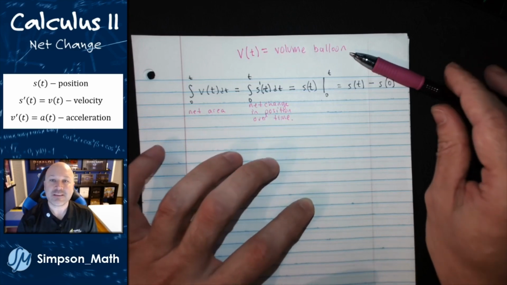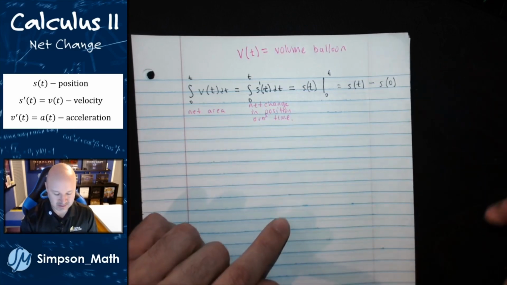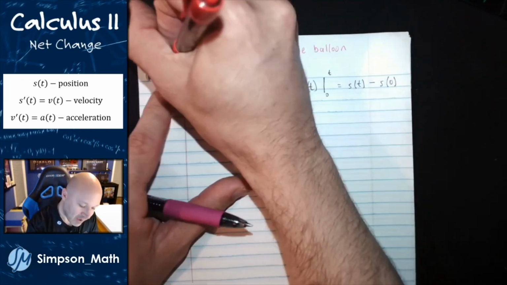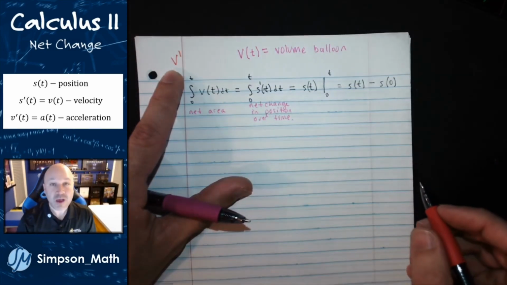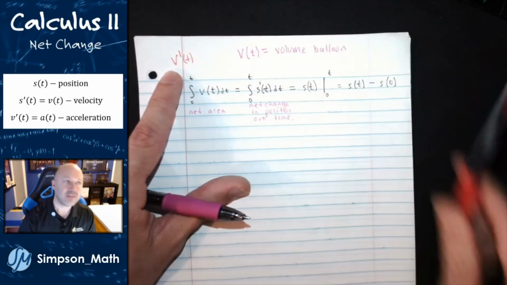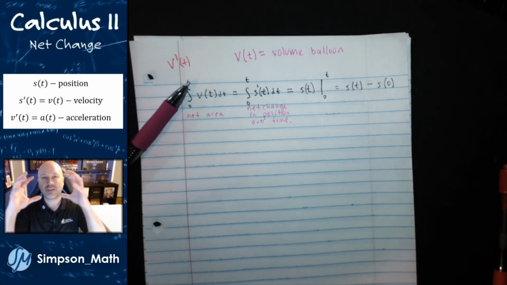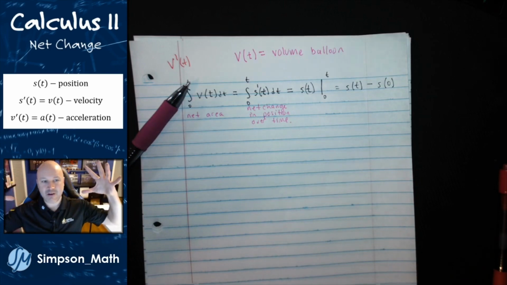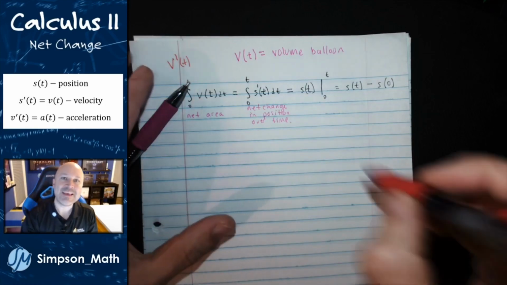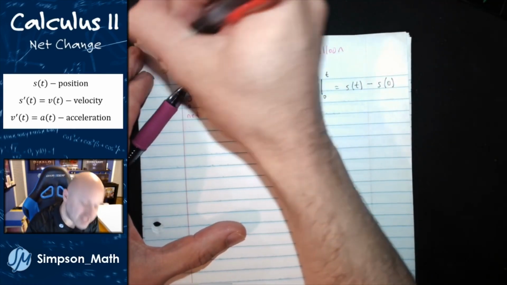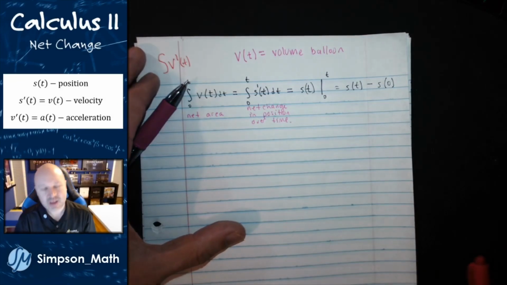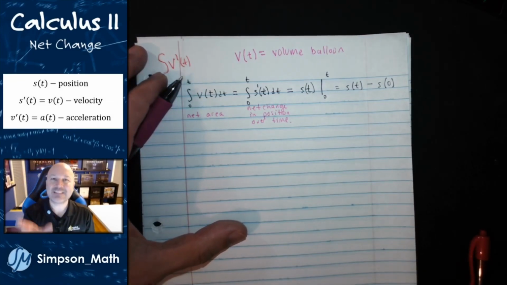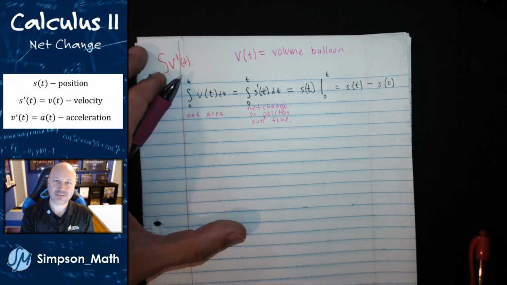And then I say, well, okay, what is v prime? Well, v prime, that function, is calculating the rate at which the volume is changing with respect to time. So as time goes on, is the volume of the balloon getting bigger, and at what rate of change? If I then undo that, if I'm integrating that rate of change, then now I'm talking about that net rate of change.